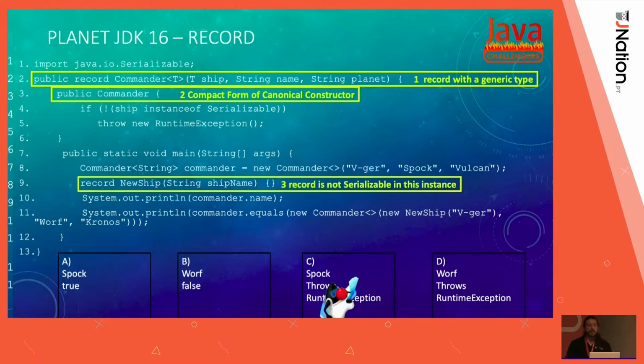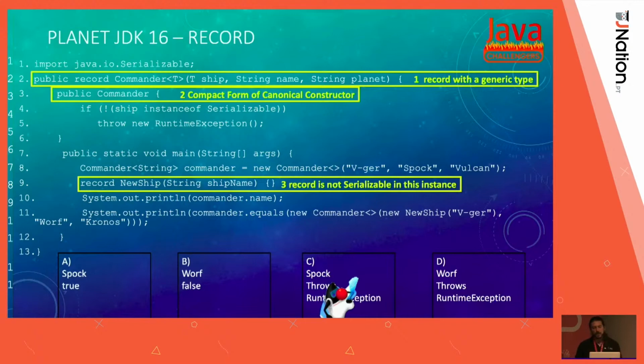But notice that a record is not serializable by default, which means that our canonical constructor will check if our ship is an instance of Serializable. It's not, so it's going to throw the runtime exception. So that's all for this record challenge.